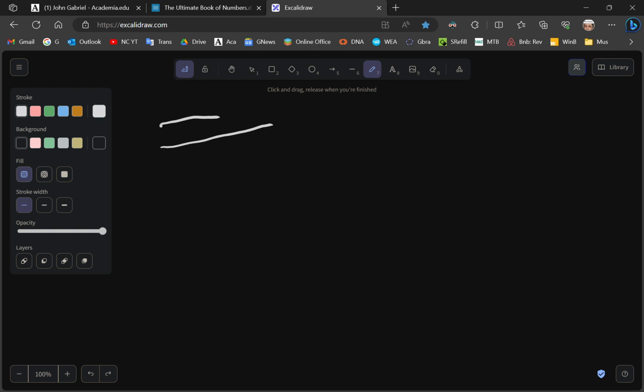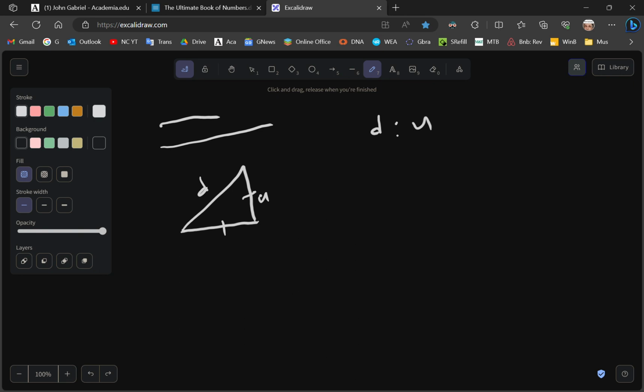Now in algebra, for example, let's say we've got an isosceles triangle like that, okay, with these two sides equal. And in geometry we talk about this diagonal. So I'm going to call that D, and I'm going to call this U. And so in geometry we can refer to that as DU.